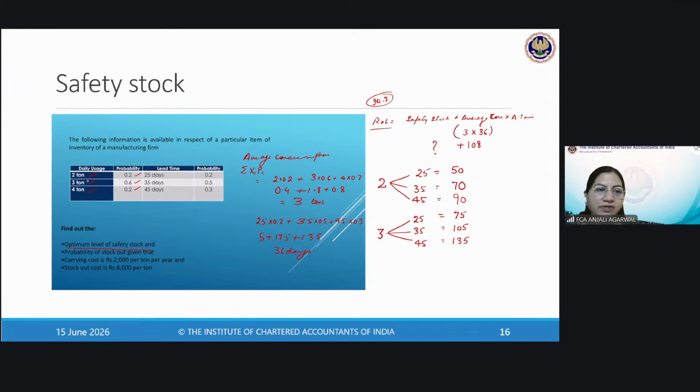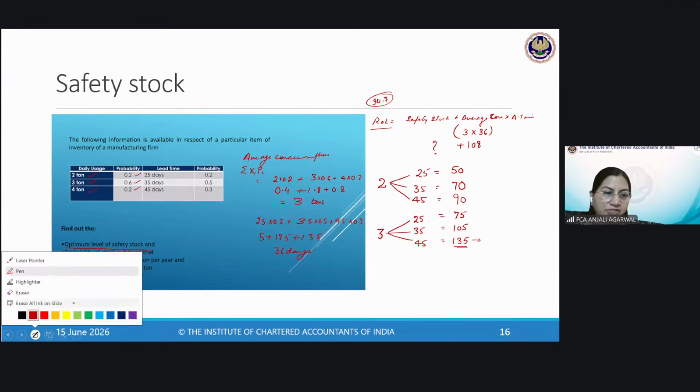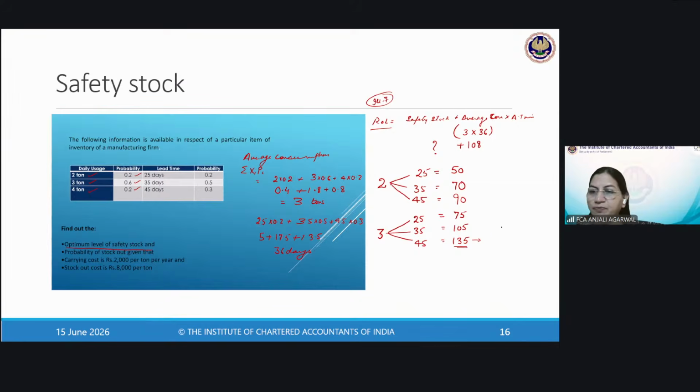If you consume 3 tons daily and it takes 45 days, your consumption would be 135. Whereas if you do not have any safety stock, you ordered at 108. That means you will have a stock out situation here. By how much? 135 minus 108. So you are going to be stock out by 27 units.